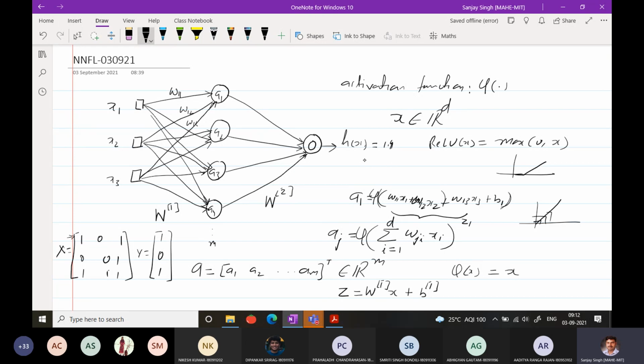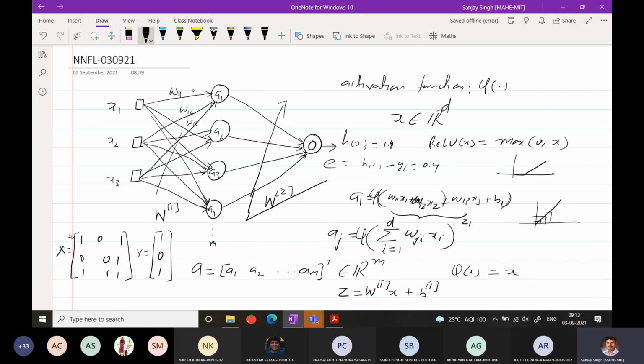So you find the error, that is hx minus whatever this y1 is. This value comes out to be 0.4, whatever, and this has to propagate back. This propagation I'll talk about later, which results in change in these weights. So these changes will happen when I propagate back.